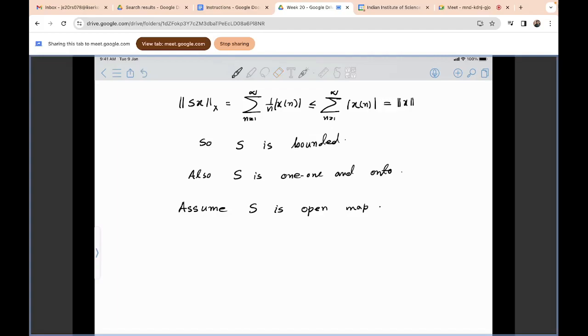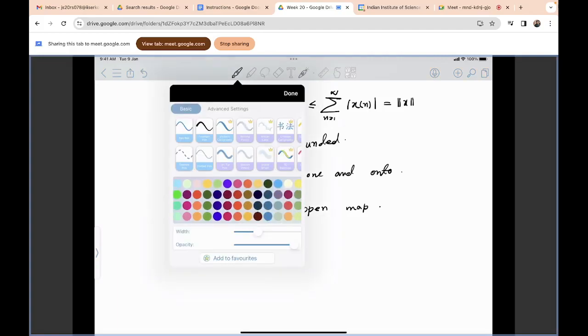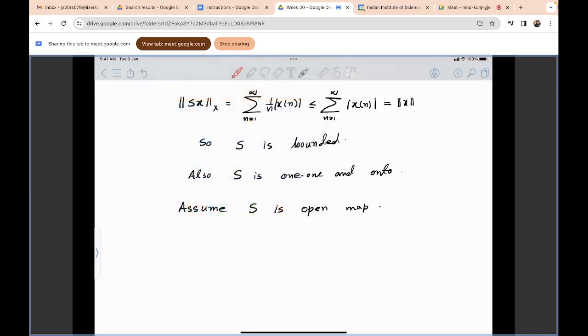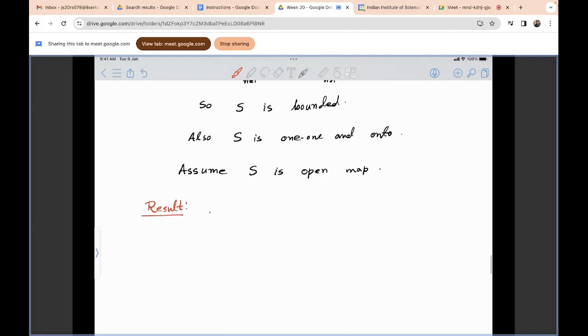There is one result that a bijective continuous map is a homeomorphism if and only if it is an open map. So let me write the result: a bijective continuous map is a homeomorphism if and only if it is an open map.